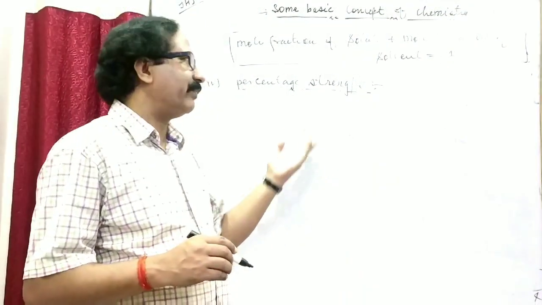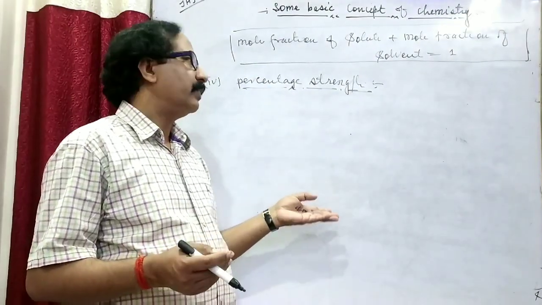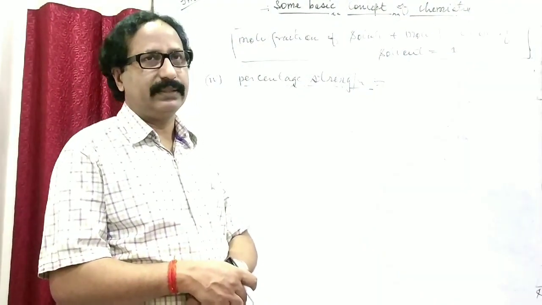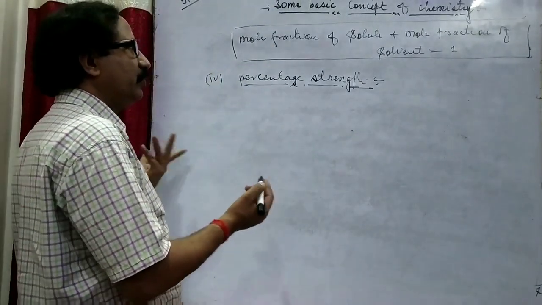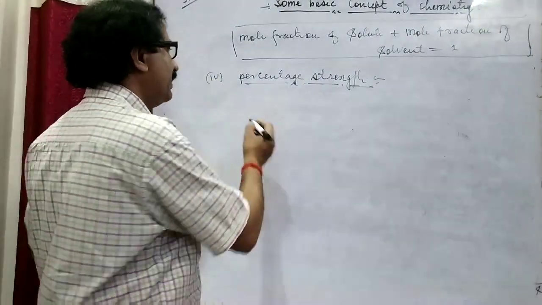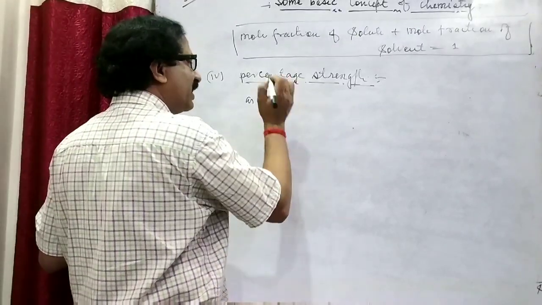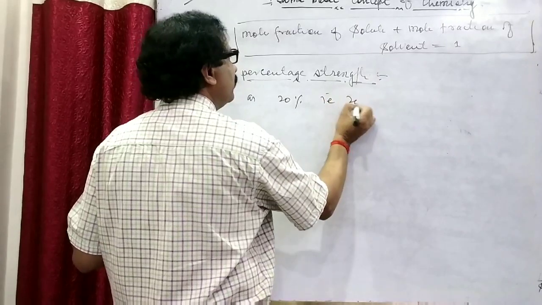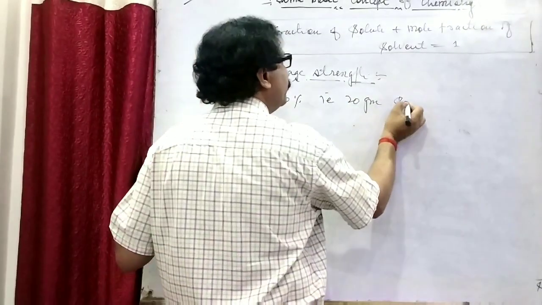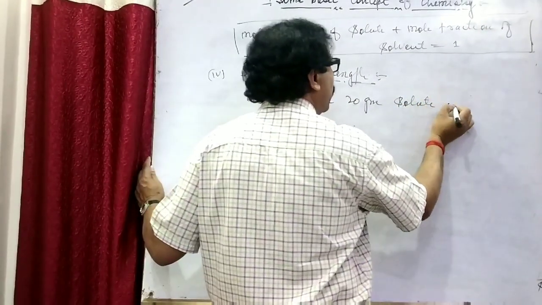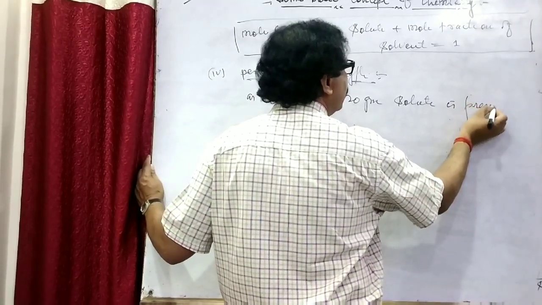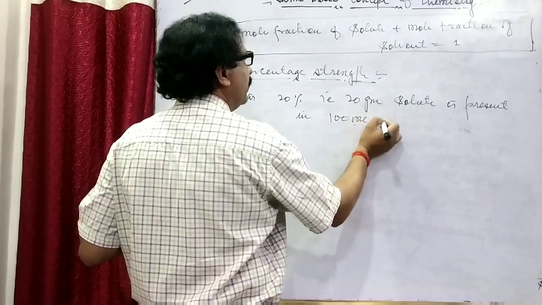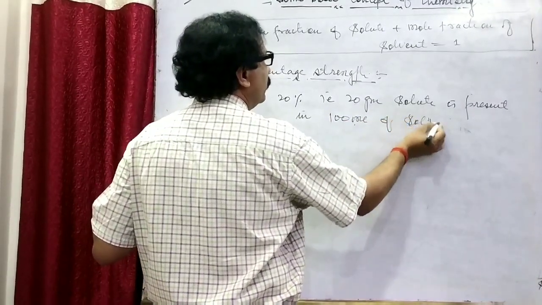Percentage strength means the weight of solute upon volume of solution given in 100 ml. No need to write its equation. Suppose, for example, the strength of any solution is given as 20%. That is, 20 gram solute is present in 100 ml of solution.